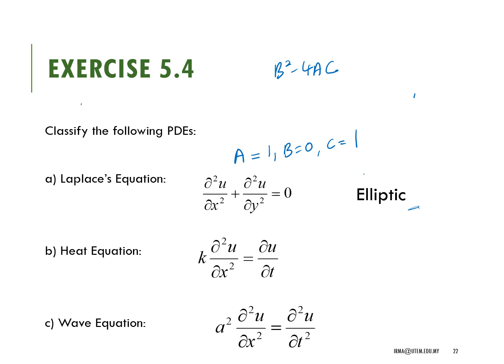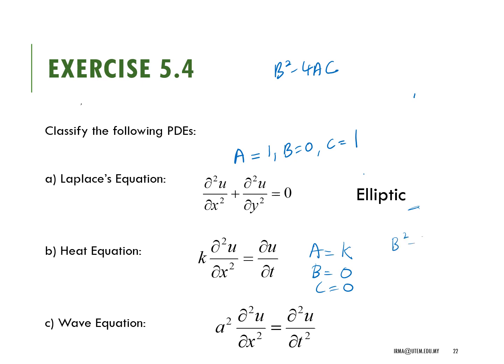Second, the heat equation. We can see that A is equal to k, because the coefficient for uxx is k. So I choose A equal to k, B is 0, and C is also 0.